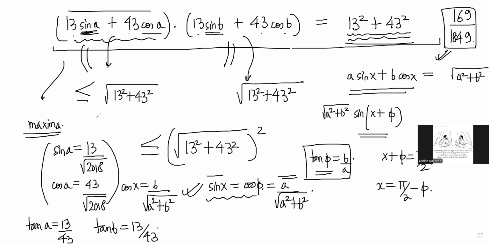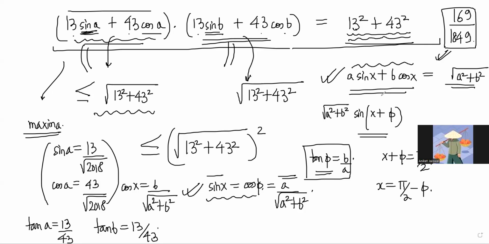So how are we thinking about it? We're thinking of maxima, minima of these expressions, right? We already know how to do maxima, minima of this type of thing. And when maxima, minima has to happen, you can figure out that sin x should be a by root over this and cos x should be b by root over this. Then only it will become this.